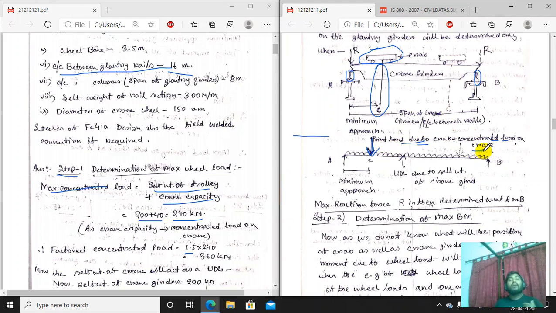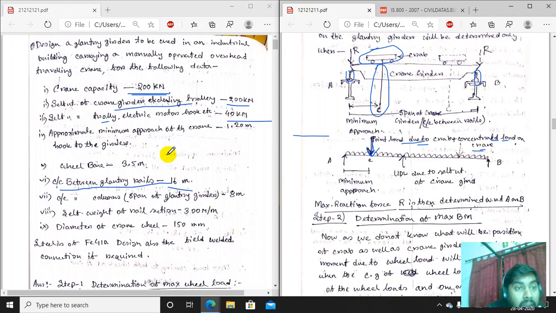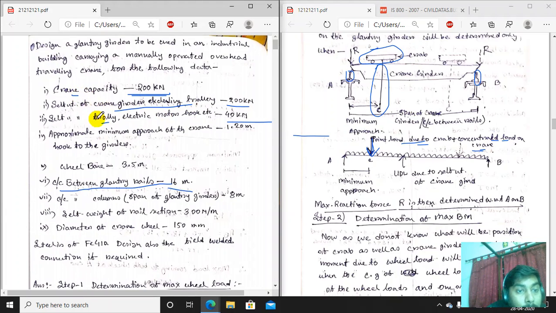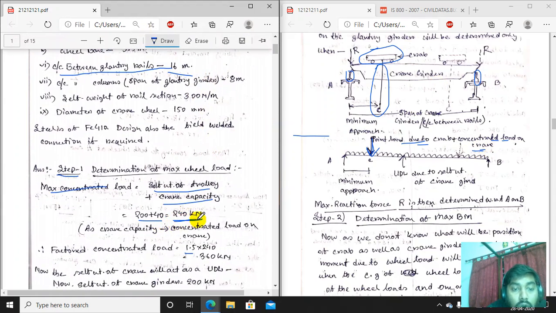That means we have to consider the self weight of the crab, which is given as the self weight of the trolley, 40 kilonewton, plus the concentrated load on the crane, which means crane capacity. How much capacity the crane can take is given as 200 kilonewton. So the total concentrated load is 200 plus 40, which is 240 kilonewton. This is the first load, the concentrated load.